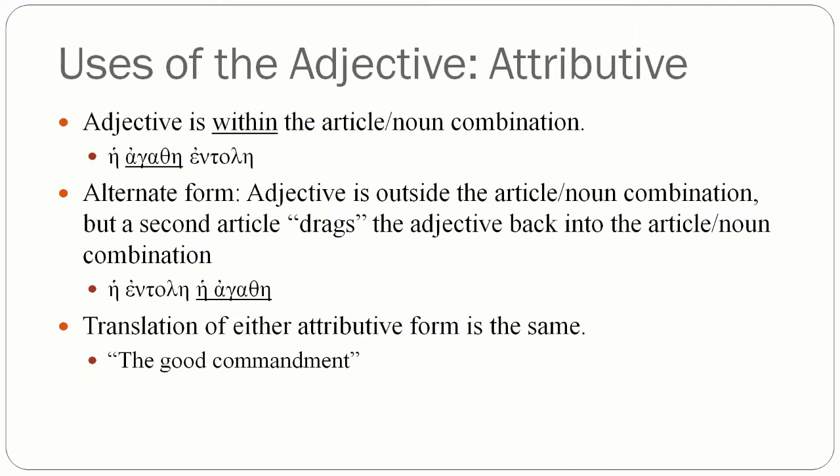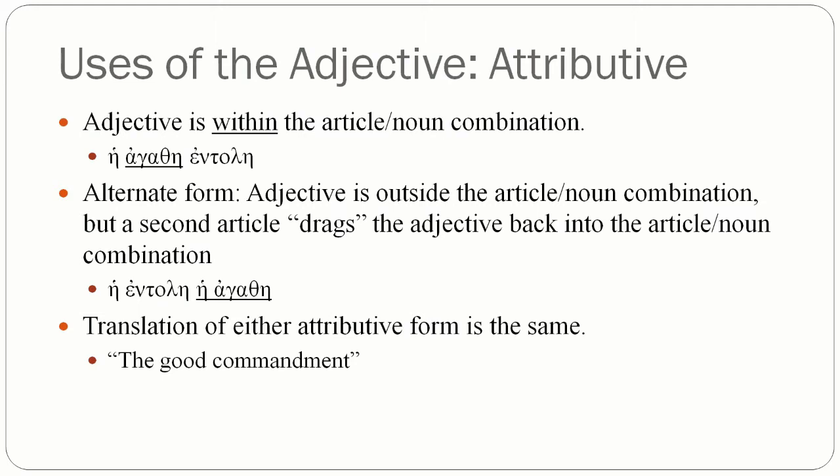This second alternate form is considered slightly more emphatic. It puts a little bit of an emphasis on that adjective. But really, the translation of either one of these attributive forms, whether it's tucked in between the article and the noun, or you have a second article dragging it into the article noun, is the same.